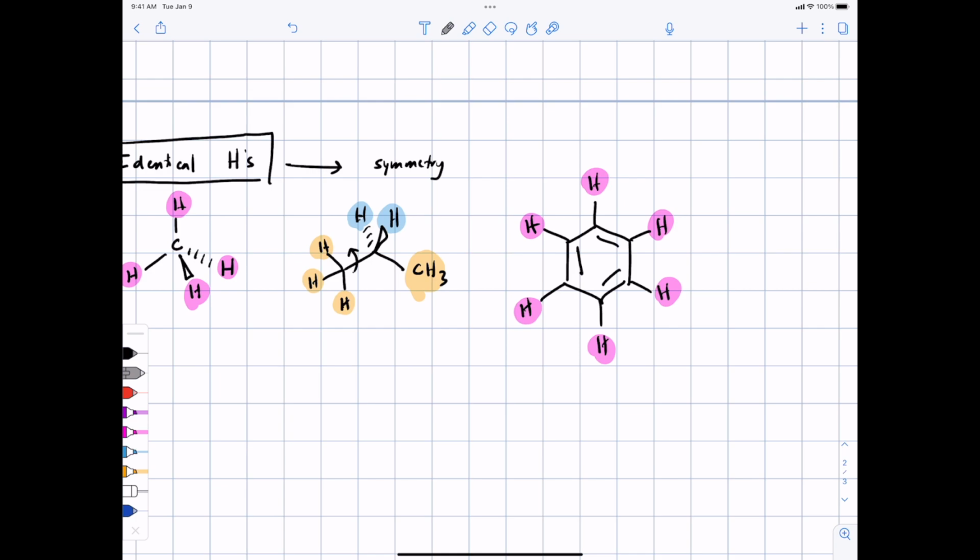The element of symmetry that best explains why these protons are identical is what's called a C6 axis of symmetry. You put the axis perpendicular to the plane of the page through that dot and rotate by 1/6 of a 360-degree rotation, and the protons are interchanged.